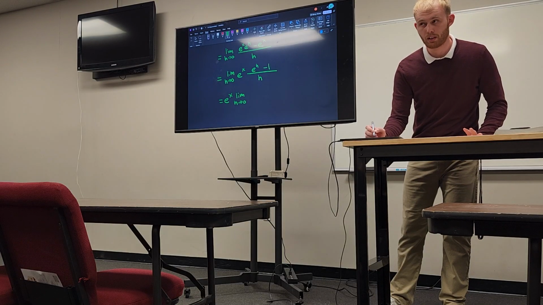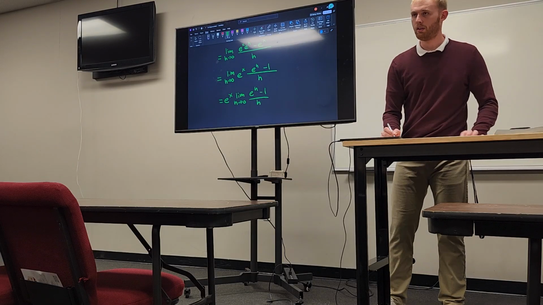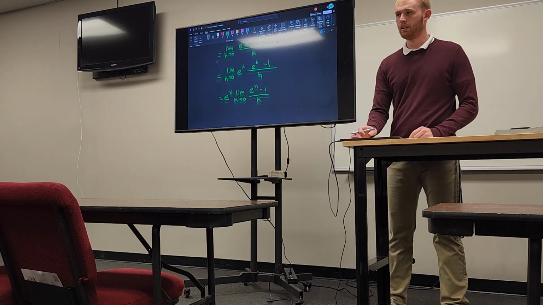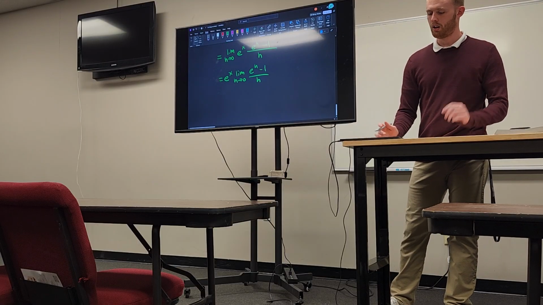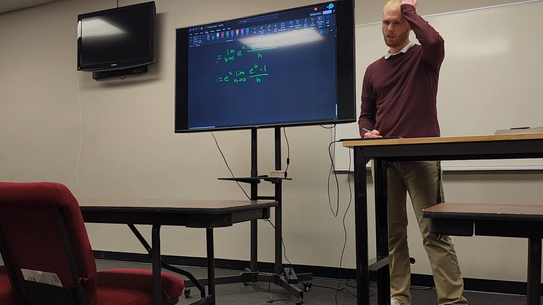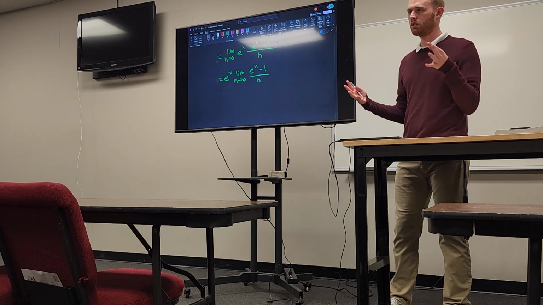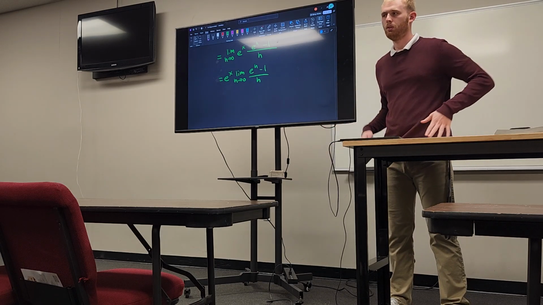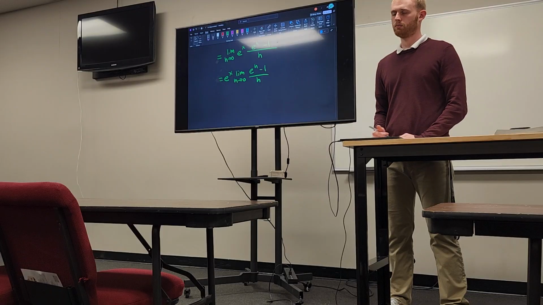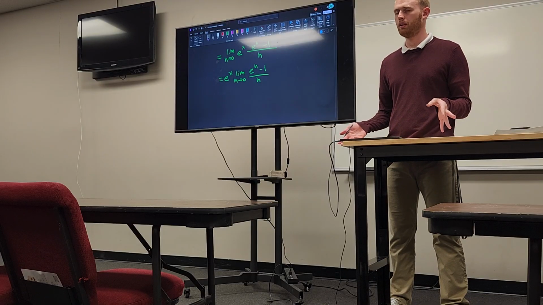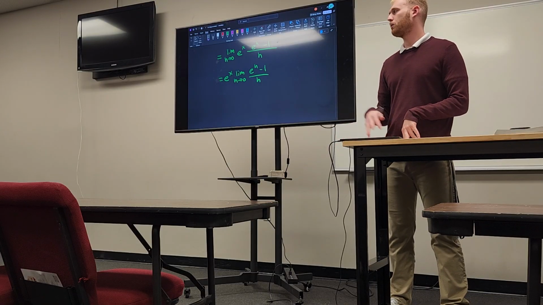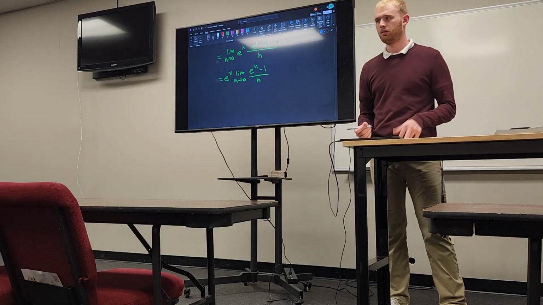This is thinking back to our limits unit, and we didn't spend forever on it, but we did it in class a few times. Because that e to the x term is just a constant in relation to the h variable, we're going to pull that constant out. It doesn't matter what x is, because we're looking at the limit of h, not of x.